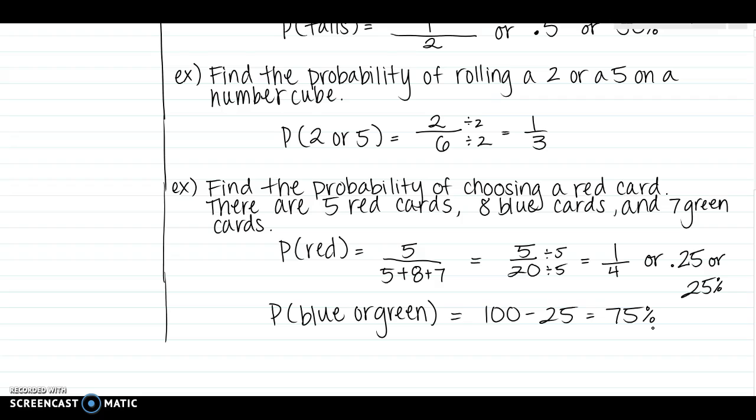Because there's no other options, and probabilities are always out of 100%. So if I know that my probability of getting a red card again is 25%, then my probability of everything else, which in this case is blue or green, would have to be 100% minus the probability of my red, which is 75%.